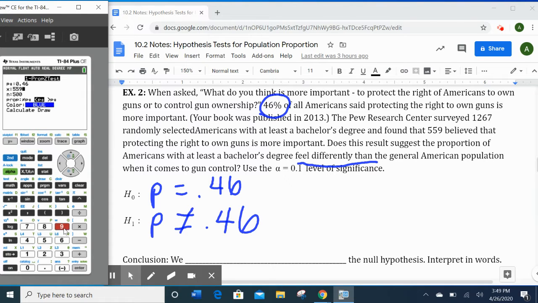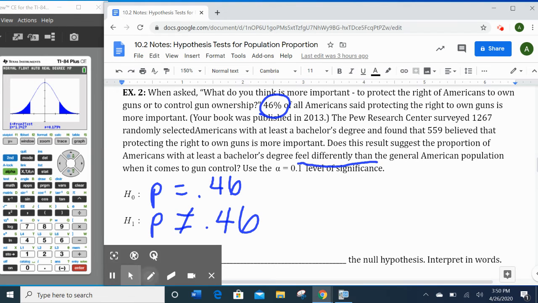X needs to be smaller because you can't have more people than what's in your sample. So 559 out of 1267, and I want it to be not equal to. Again, whether you hit calculate or draw makes no difference, but you're looking at the proportions of both greater than or less than.